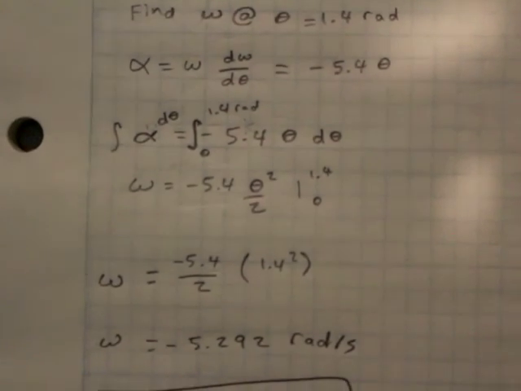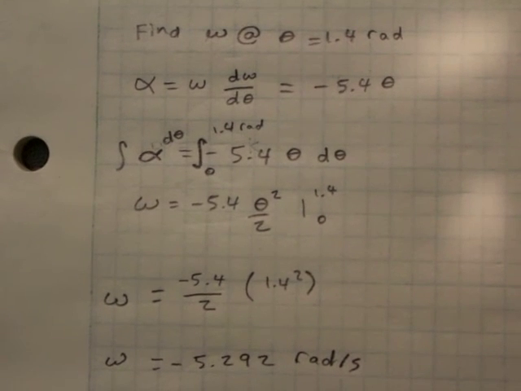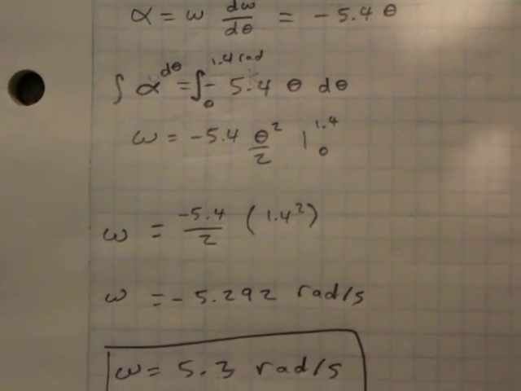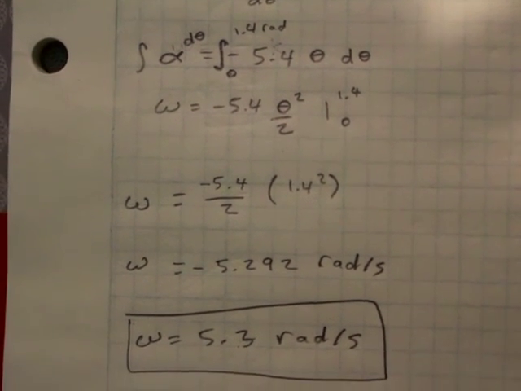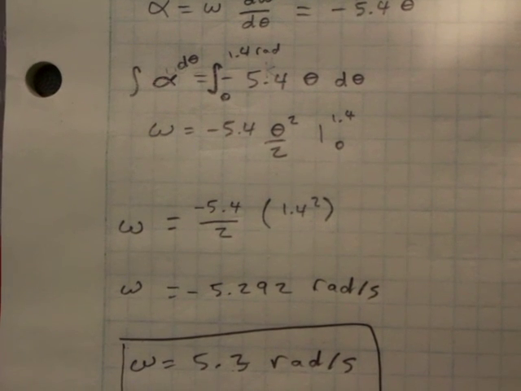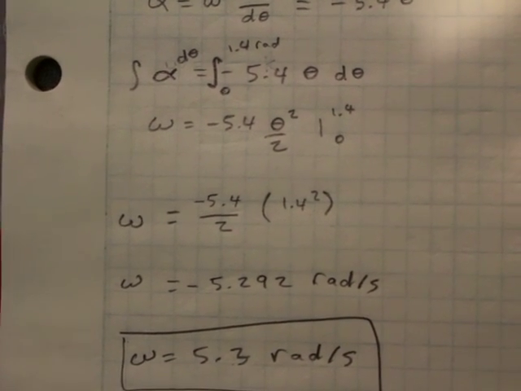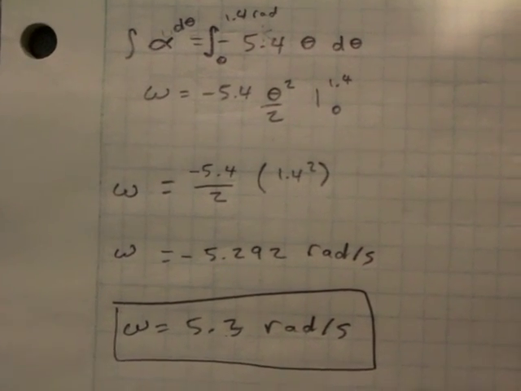So it went from theta equals 0 to theta equals 1.4 rad. Our omega equals negative 5.4 over 2 times 1.4 squared, and the rad/s is negative, but seeing as you can kind of put it either way, omega equals 5.3 rad/s.